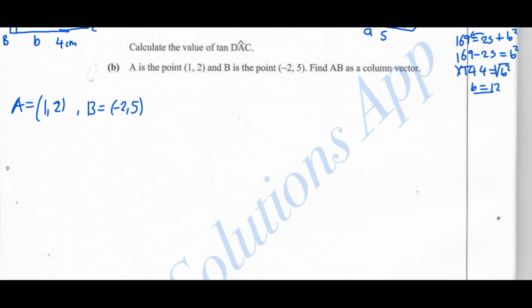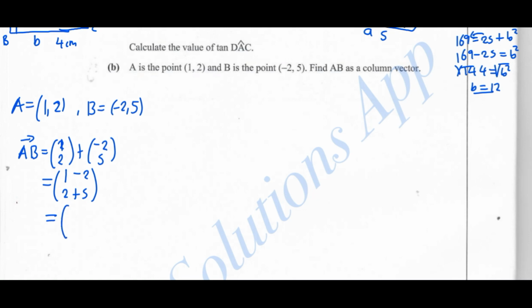So we say AB will be equal to, we are going to add 1, 2 plus -2, 5. So this will be 1 minus 2, then 2 plus 5. As a column vector, this will be -1 and 7 here.